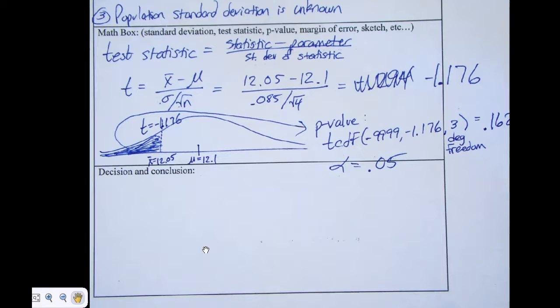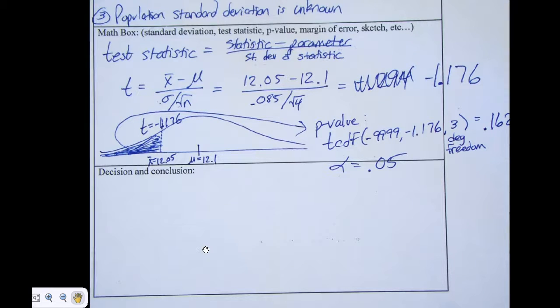If our area is smaller than this, does that make me more or less likely to think something's weird? If my area is smaller than this, the bar must have moved over this way, which makes me more likely to think something's weird.